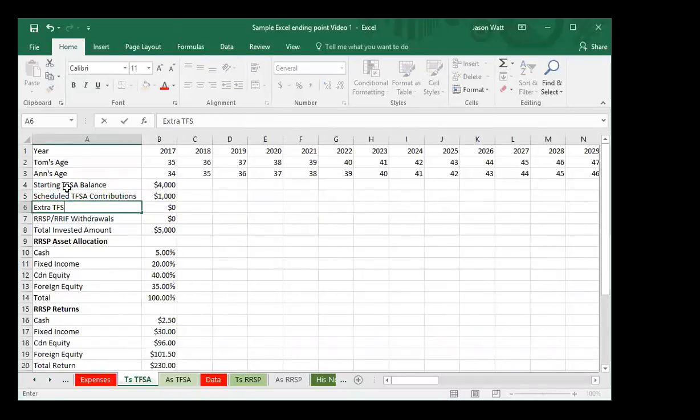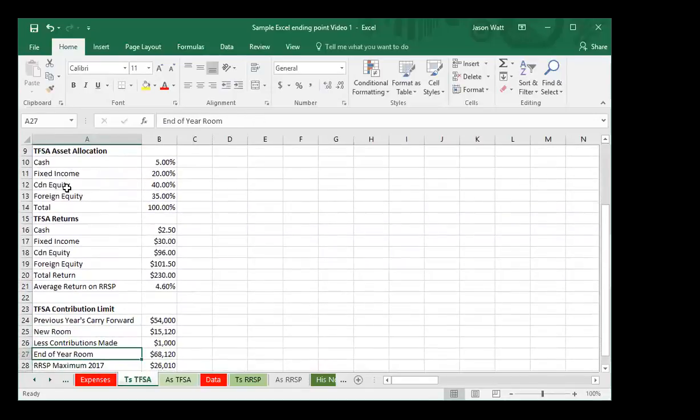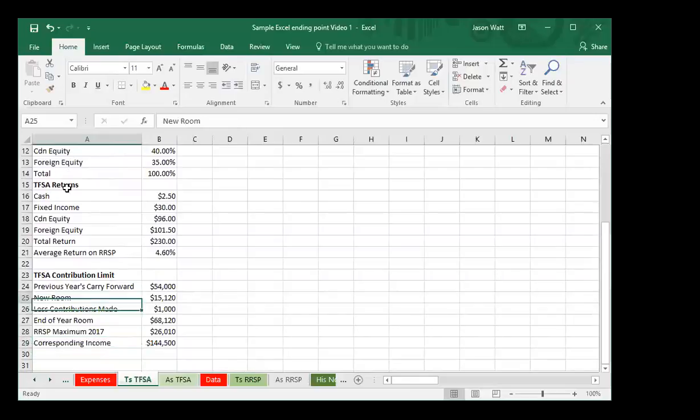And extra TFSA contributions and the TFSA withdrawals. And there we go.